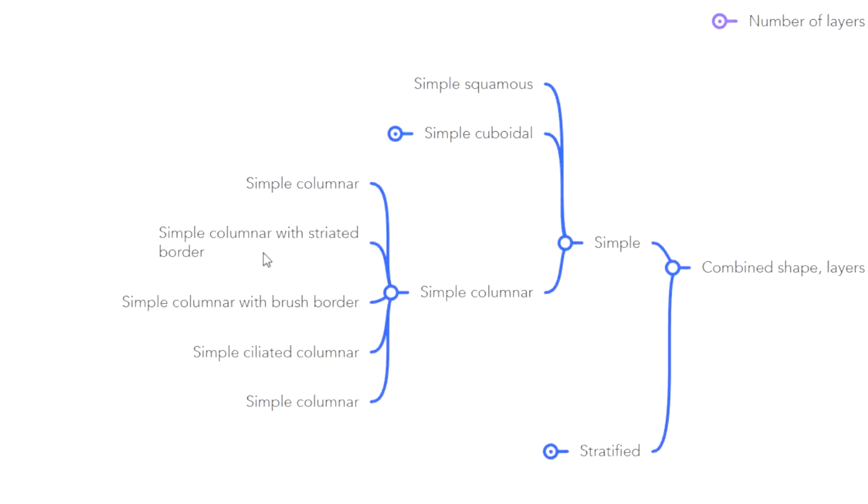Simple columnar with brush border, where the apical surface has microvilli but irregularly arranged. Simple ciliated columnar, where the apical surface has long cilia on its surface, so it is called simple ciliated columnar epithelium.